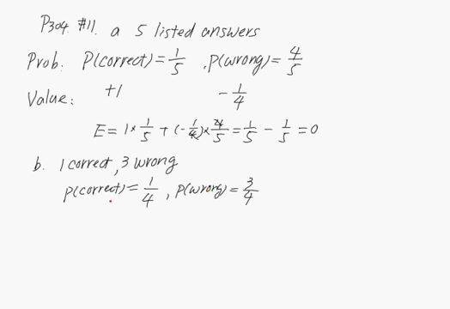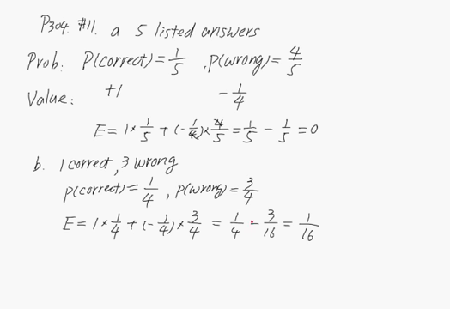You have the same values for the correct answer and wrong answers as in the previous part. Now for part B, the expected value should be 1 times 1 over 4, so this time the probability changes, plus negative 1 over 4 times 3 over 4. So we get 1 over 4 minus 3 over 16, which is 4 over 16 minus 3 over 16, equal to 1 over 16.